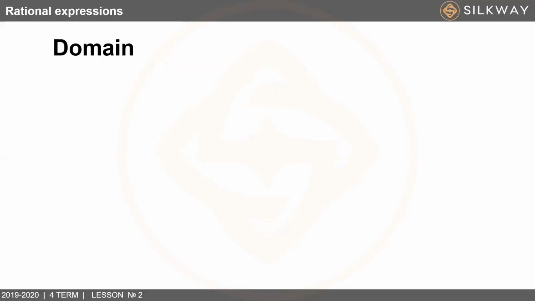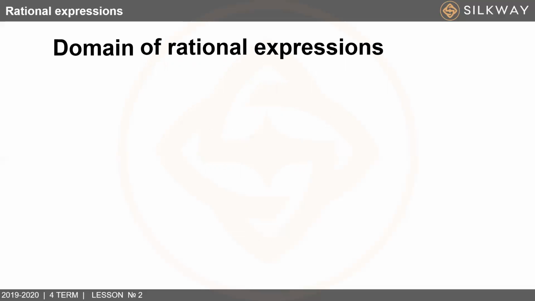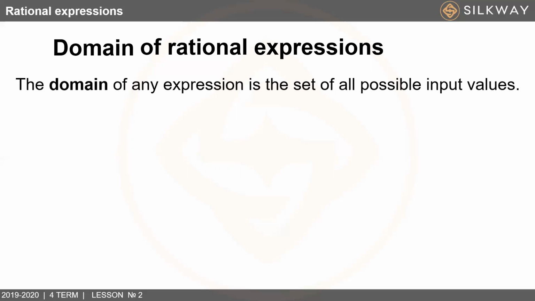Do you remember what the domain is? Today, we will learn the domain of a rational expression. The domain of any expression is the set of all possible input values. So how can we understand it? Let's take an example: 7 divided by 5 minus x.